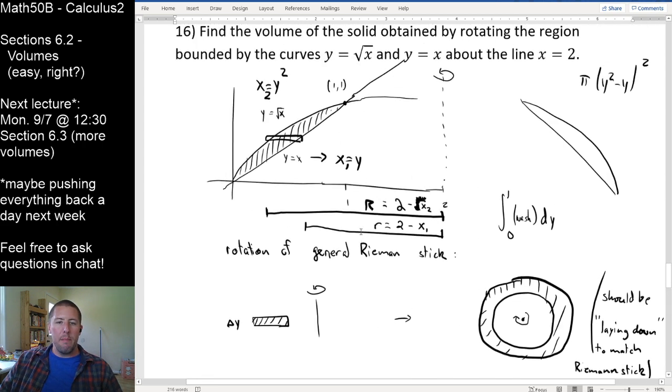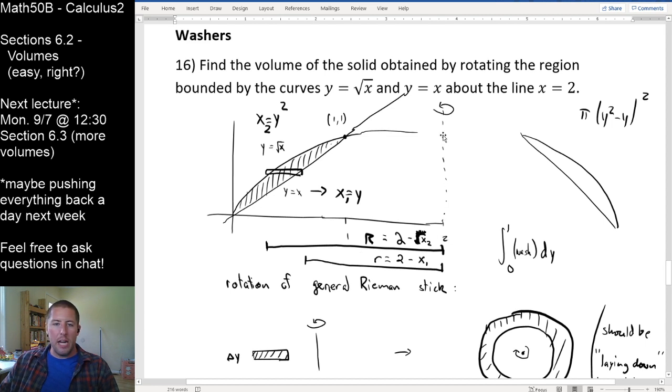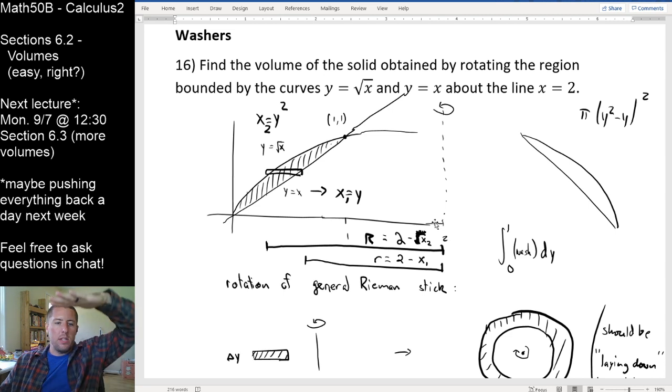Here are other big takeaways from this problem. Because this was being rotated around a vertical axis, it seemed sensible to build my washers in a dy integral. Because we were rotating around a vertical axis, I wanted to accumulate my circles vertically. It gave me a bunch of circle-shaped things if I went top to bottom. If I tried to go left to right, it would not go awesomely because my object is not arranged left to right.